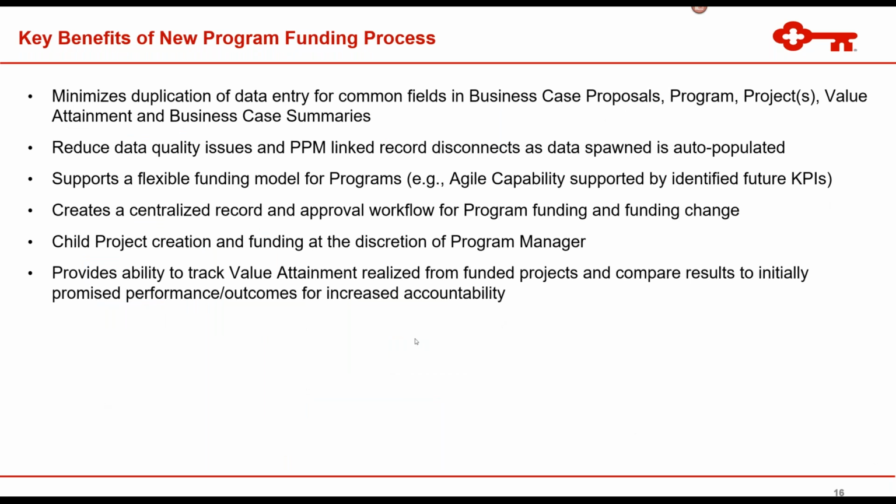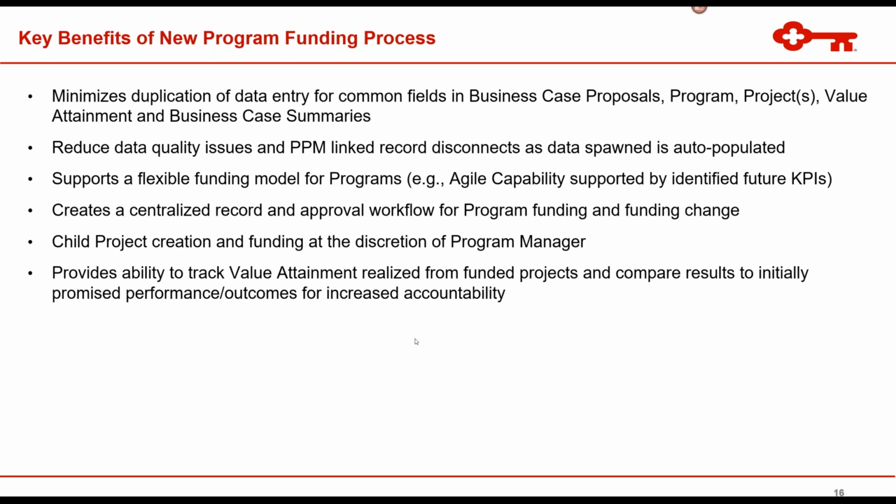The key benefits of our new funding process for programs and projects is we've seen minimized duplication of data entry for common fields. So it was a list for the people that are really responsible for entering in the flurry of business case proposals and then creating projects and then populating projects from programs.